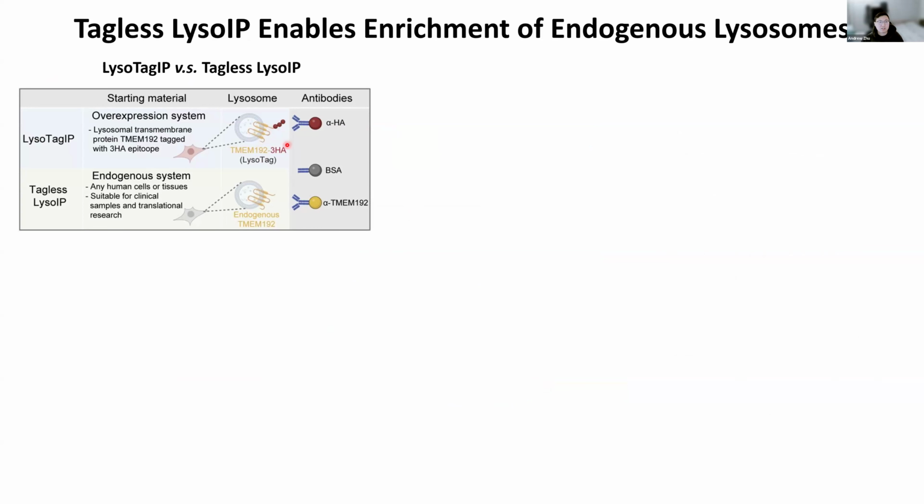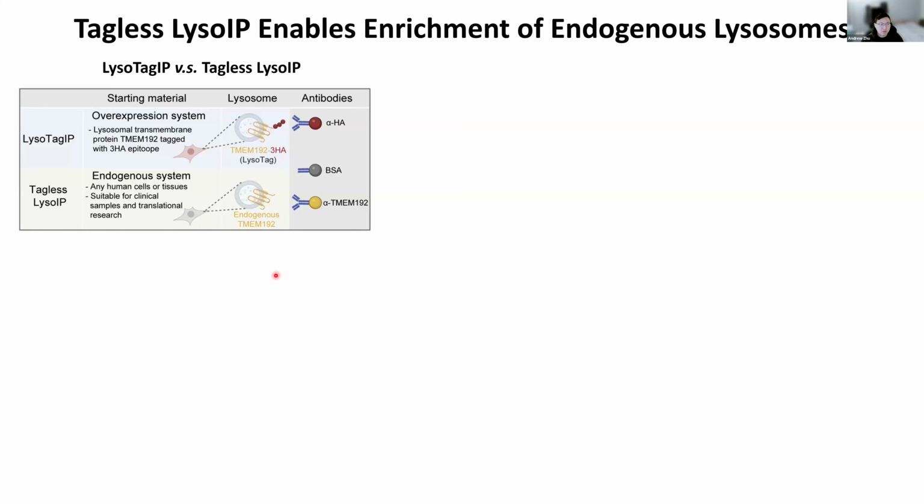With an anti-HA antibody conjugated to magnetic beads, we were able to isolate and enrich intact lysosomes from cells and also mouse models after the genetic engineering.